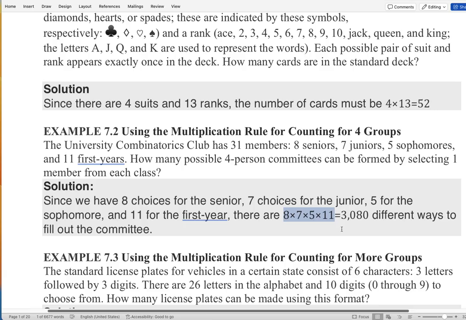And in the end, you might be surprised. It's a pretty big number, right? There are more than 3,000 different choices, even though we started with very small numbers, 8, 7, 5, 11. Those are small numbers, but when we multiply them together, we find we have a whole lot of choices.